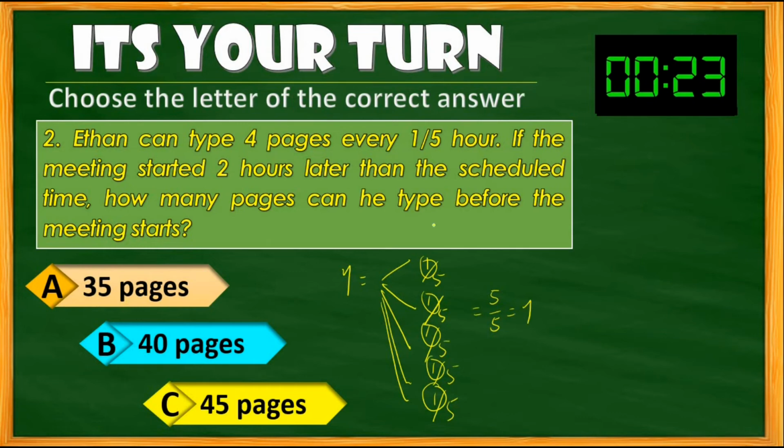So we can say if 1/5 is equivalent to 4 pages, so we have 4, 4, 4, 4, 4.